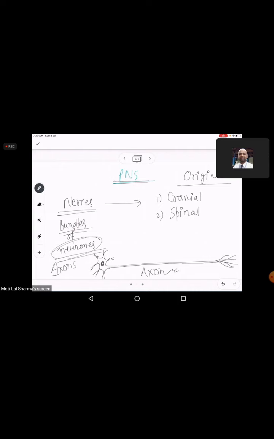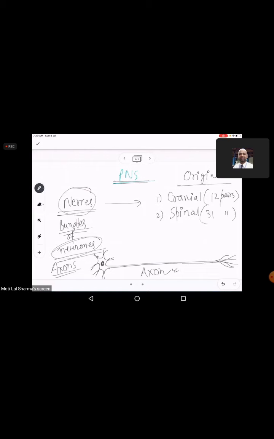So many axons or so many neurons bundle up together to form a nerve. Such bundles can be cranial or spinal, depending on where they originate from. The cranial nerves are 12 pairs, and spinal nerves are 31 pairs in number.